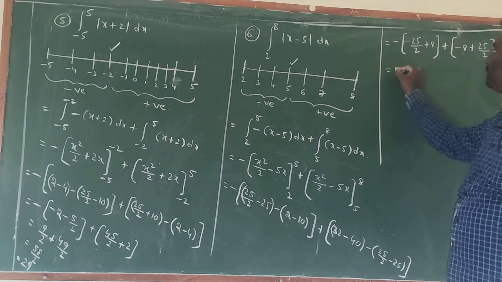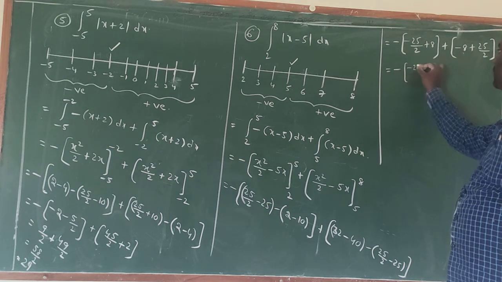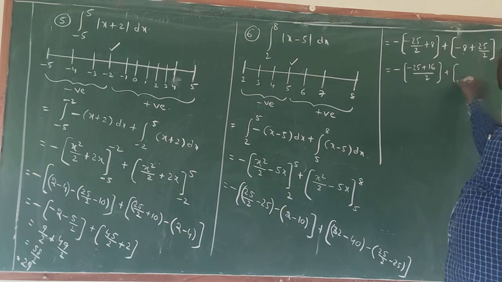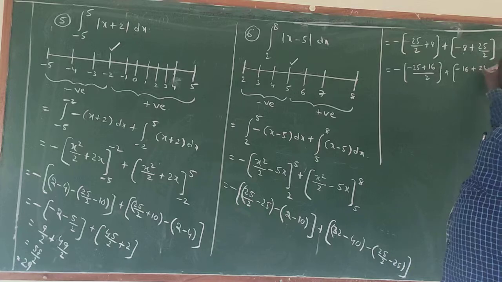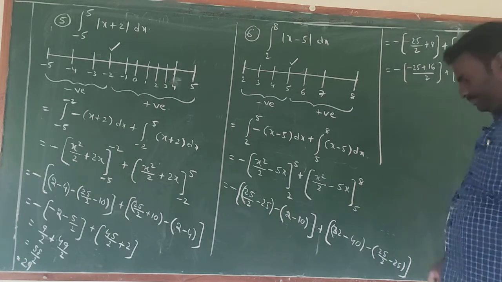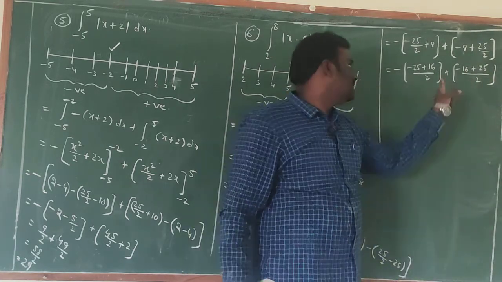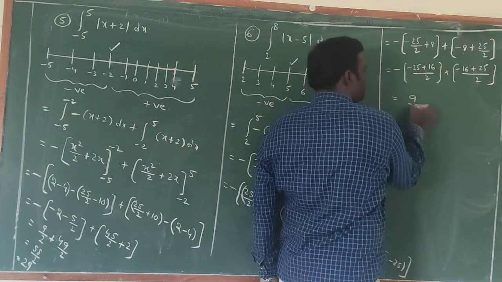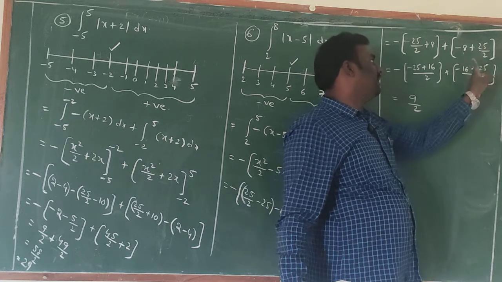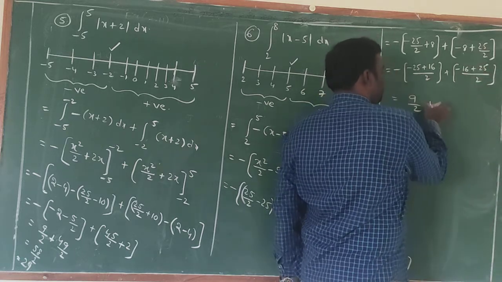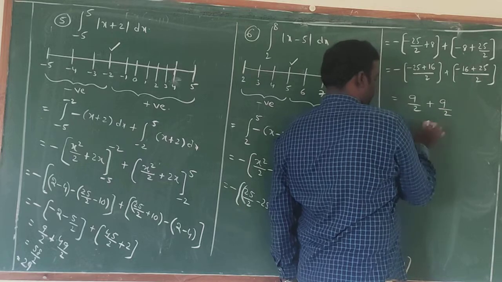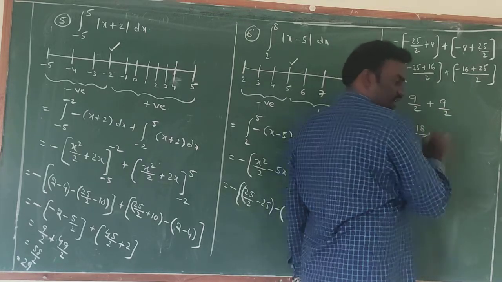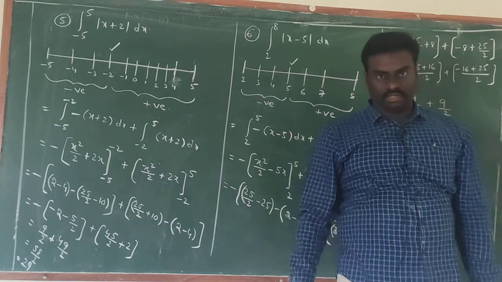Now simplify: minus 16 plus 25 by 2. 16 minus 25 is minus 9, already minus is there, plus 9 by 2. 25 minus 16 is 9 by 2, that is nothing but 18 by 2. So the answer is 9.